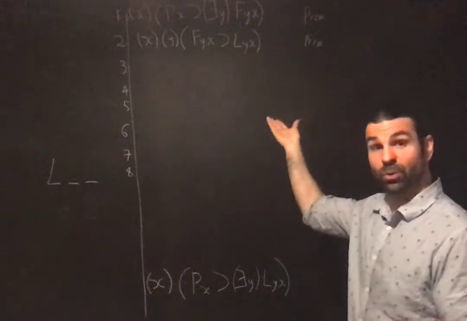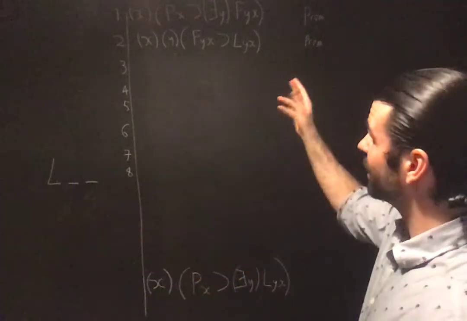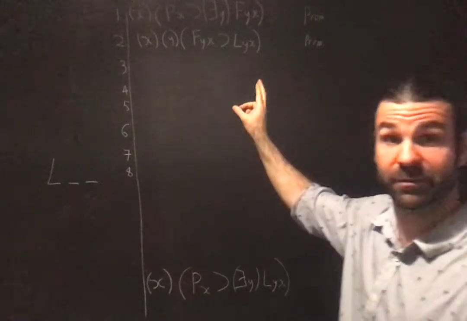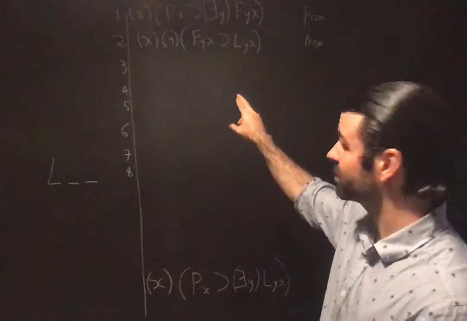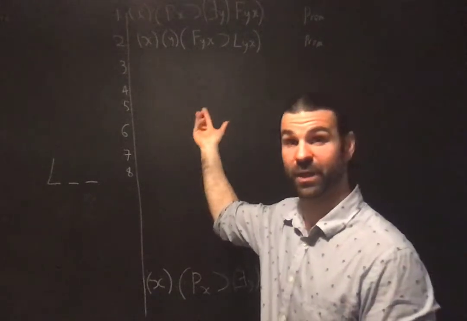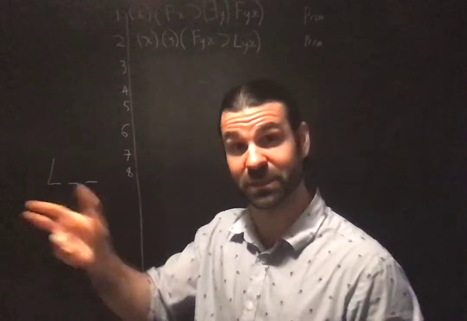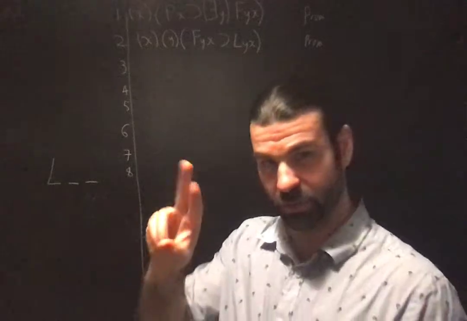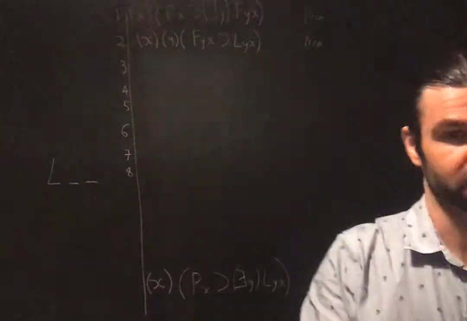After I instantiate on 1, I'll have a conditional, P of something, maybe PA or PB, depending on whether I replace X with A or B, or C, D, E, F, though in practice we usually use only two letters.